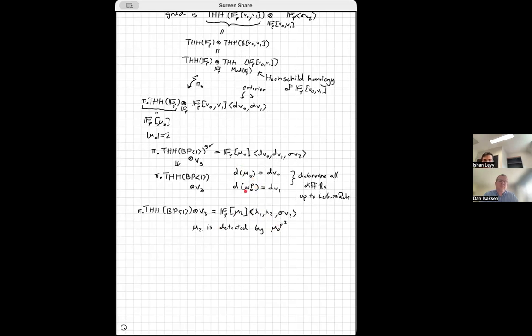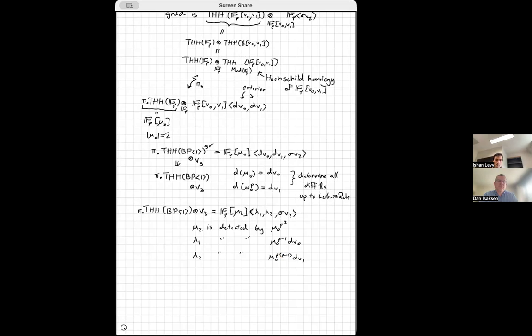It didn't have any differentials. And then lambda1 is detected by mu0 to the p minus 1 times dv0. And then lambda2 is detected by mu0 to the p times p minus 1 dv1.